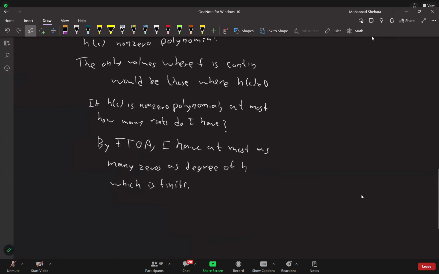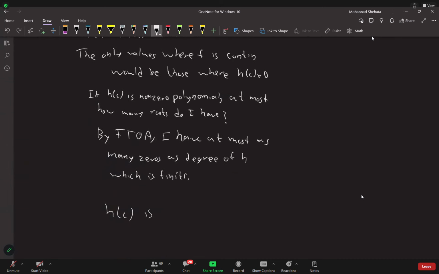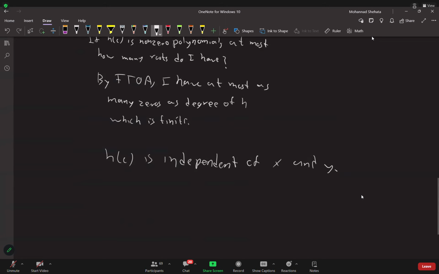Okay, so for the last part, h of c is independent of x and y. Someone is asking me about the fundamental theorem of algebra. That's what the fundamental theorem of algebra basically says. That's the claim we're making, essentially.